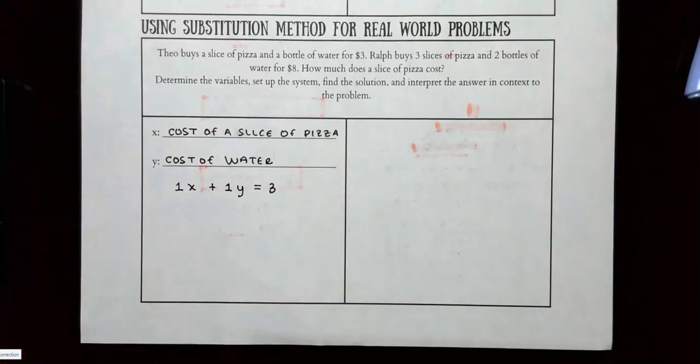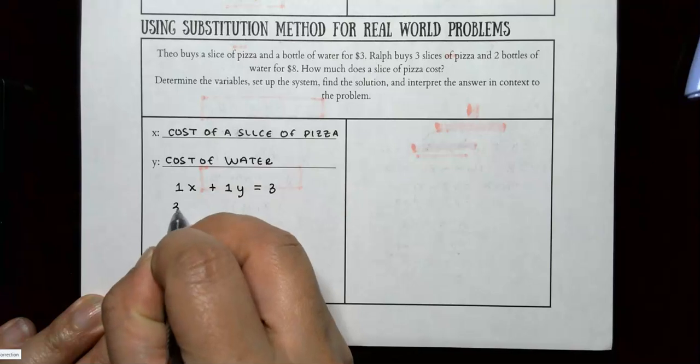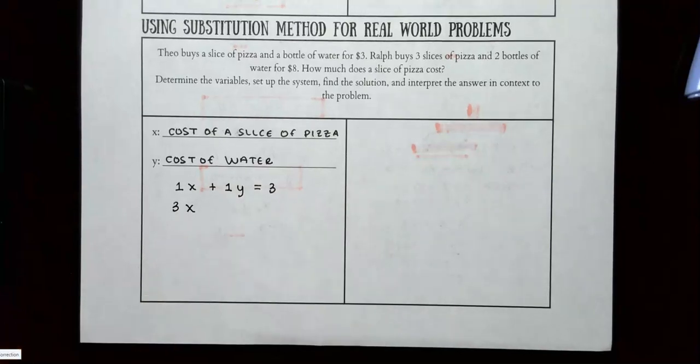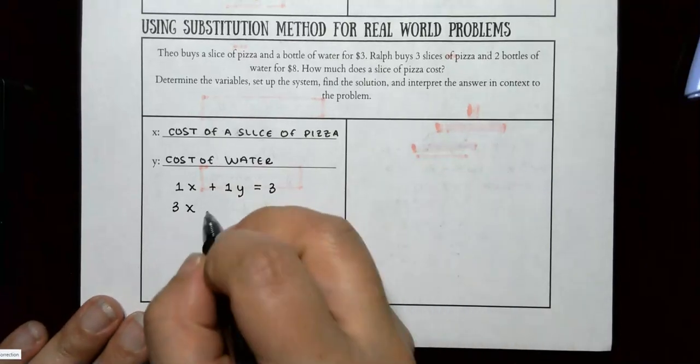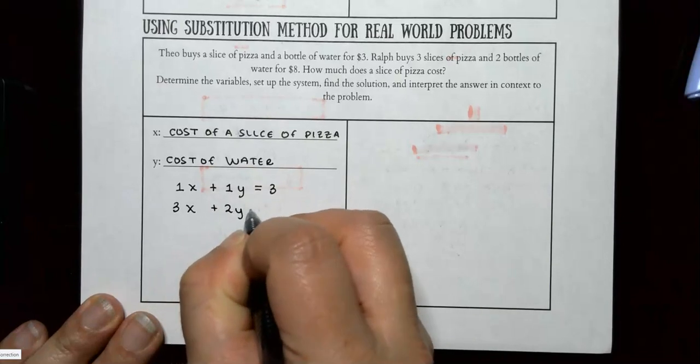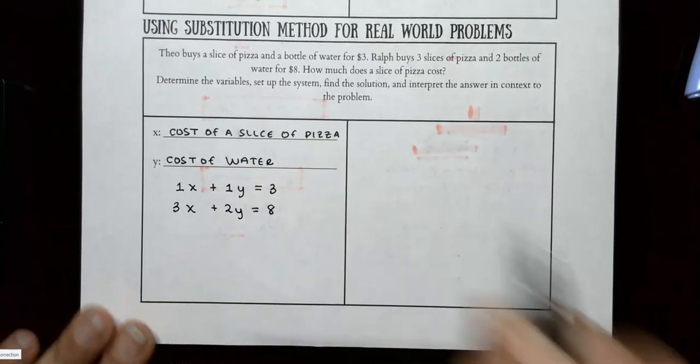So this is what my first equation is going to look like. Number 2. Ralph also buys some pizza and some water, but he's buying 3 slices of pizza, so 3 times X, 2 bottles of water, so 2Y, and it costs him $8.